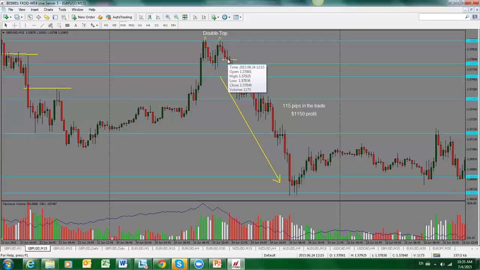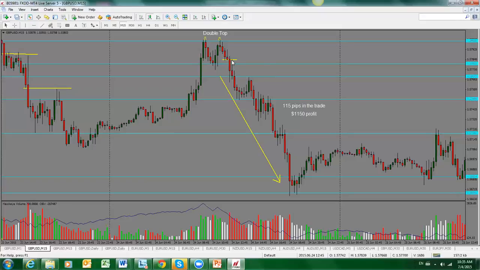Once you see this forming, let's pretend this side didn't exist. Right over here, see how it gets rejected, because you can tell by this big pin on the candle, and then the price moves through the breaking point. So you want to look for this pullback here.